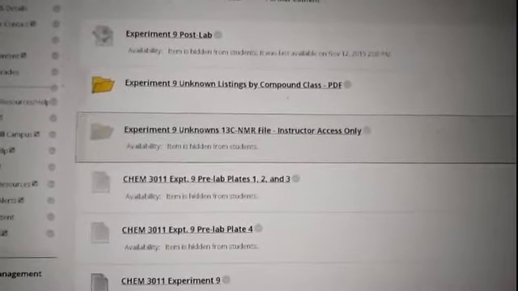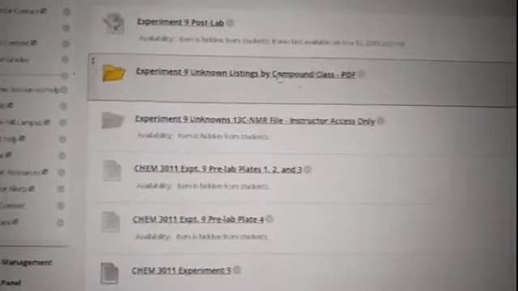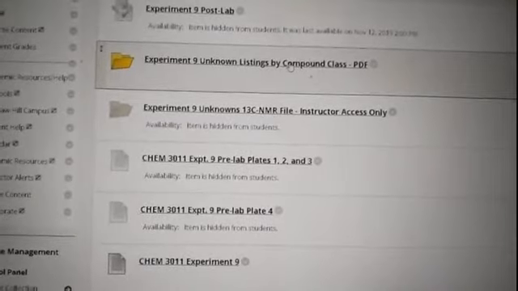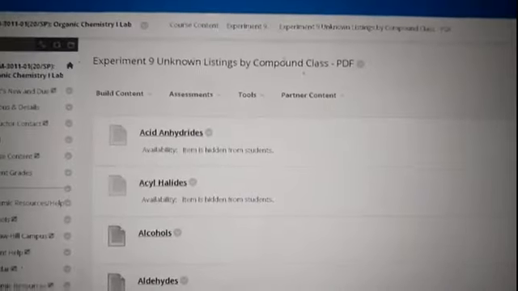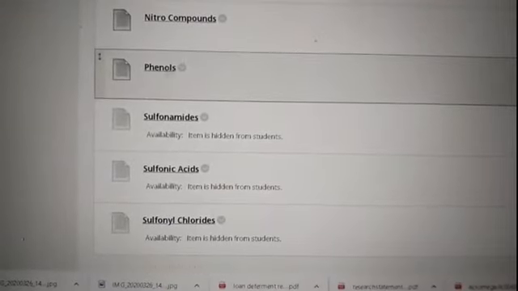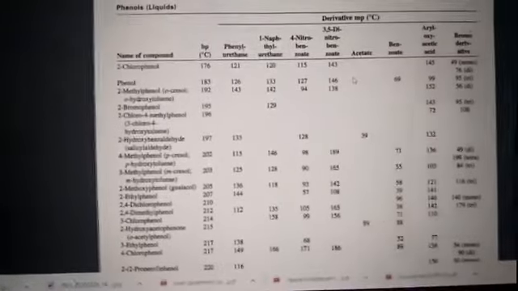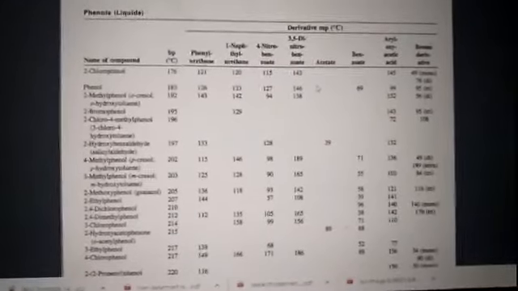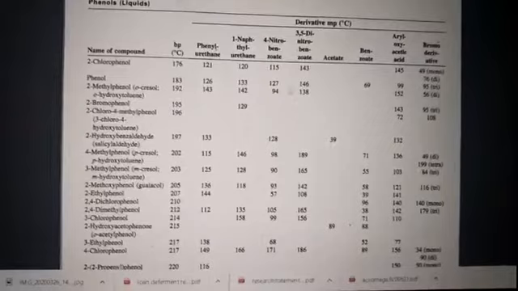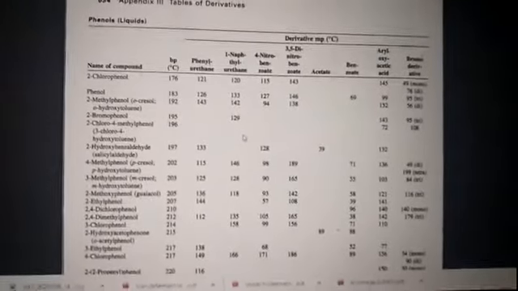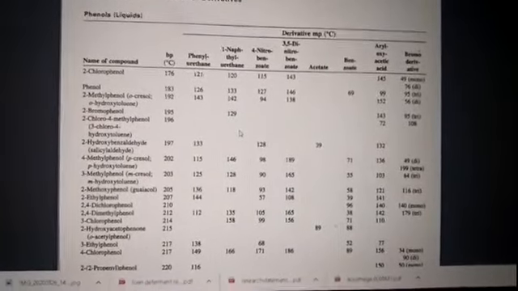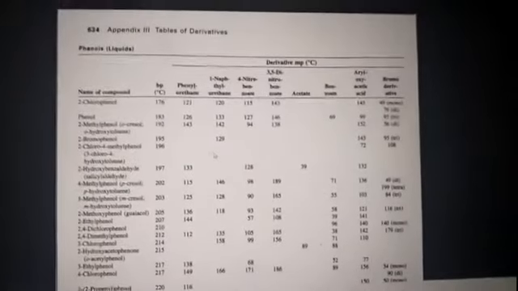So we will go to experiment 9 and look at the unknown listings by compound class, and you'll find phenols. It takes you to this PDF. Let's assume you took a melting point of this compound and found 119 to 121 degrees.